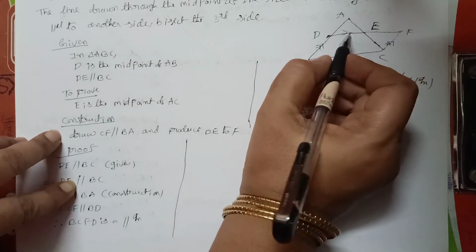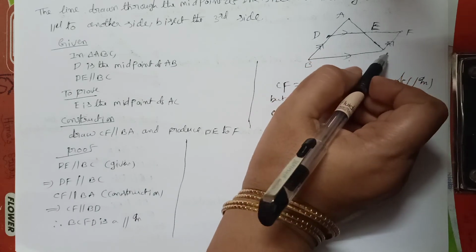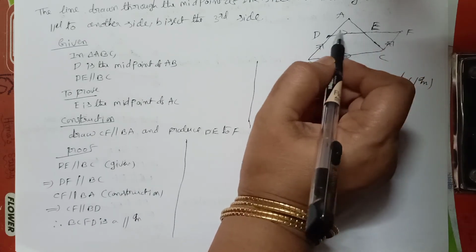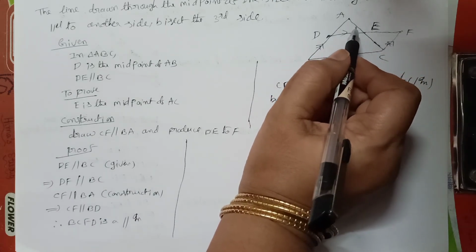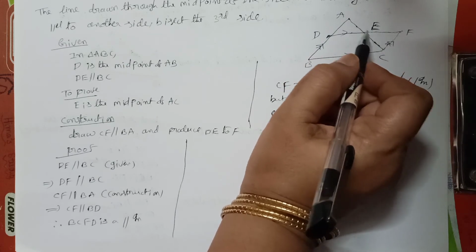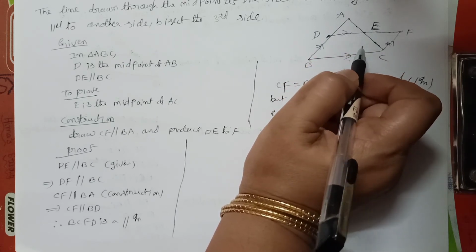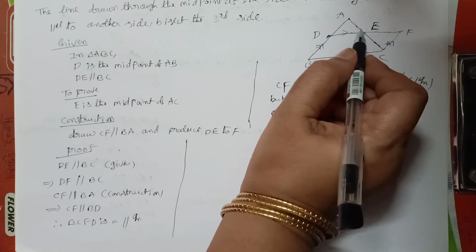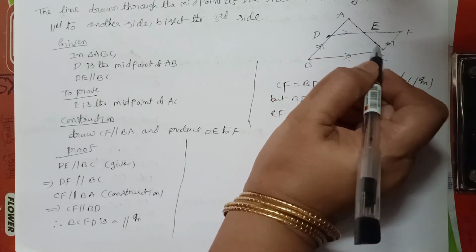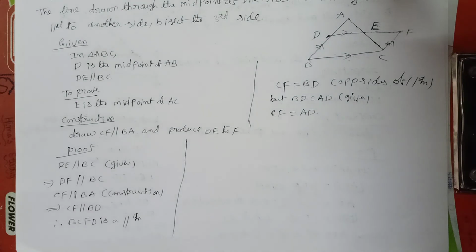Now consider the two triangles AED and CEF. If you prove these two triangles are congruent, then AE and CE are corresponding parts of congruent triangles, and we can say that E is the midpoint of AC. How to prove these two triangles congruent? Can you tell me the three equal parts?